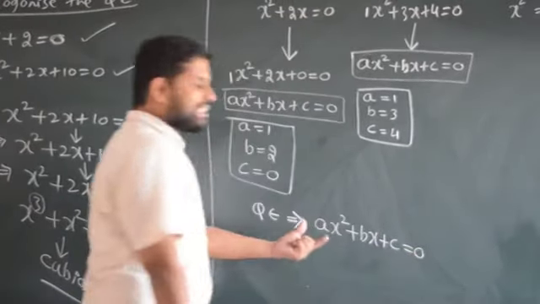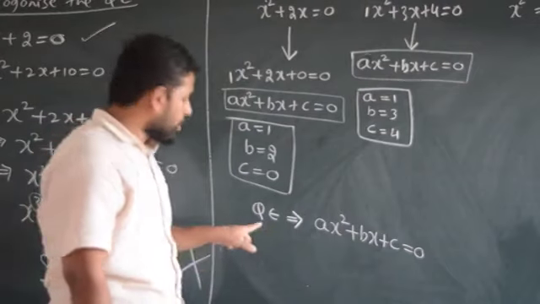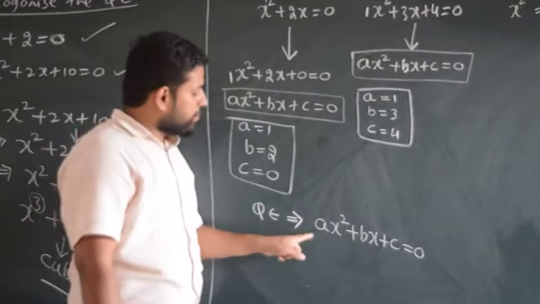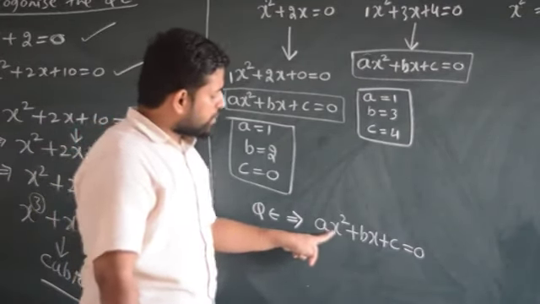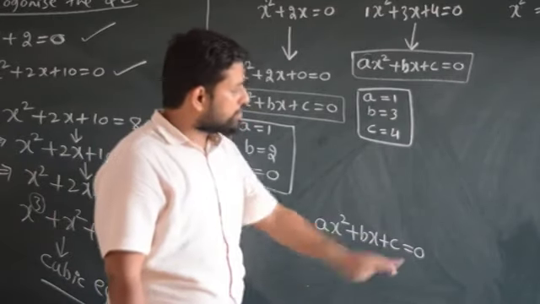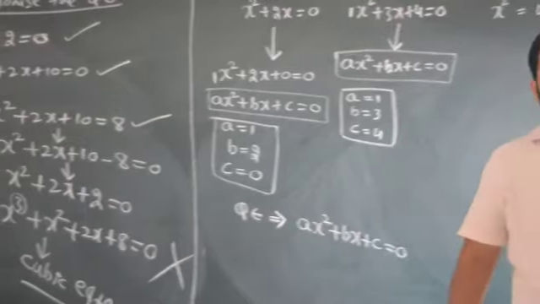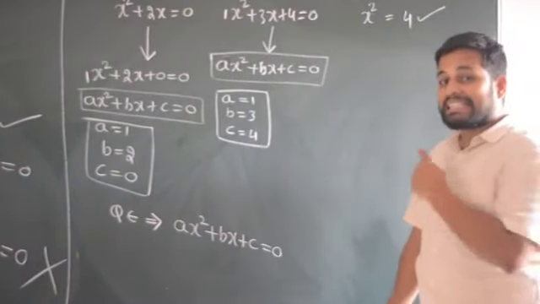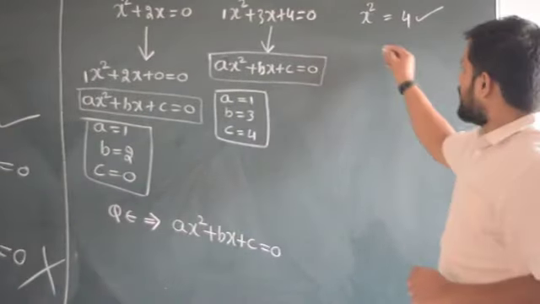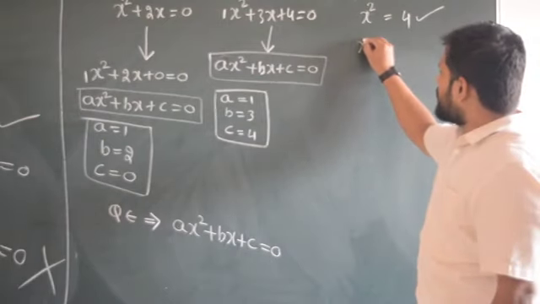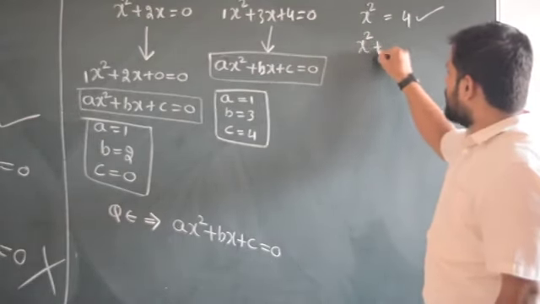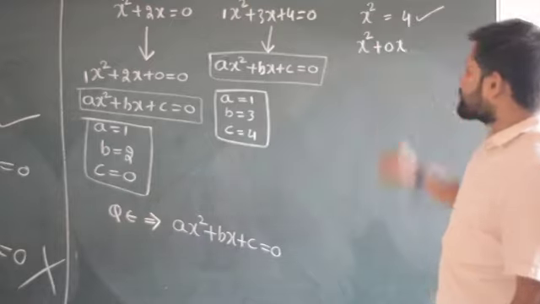It must be represented like this. Now you may be saying, sir, this x square is equal to 4 is not at all looking like that. Now let us make it look like that. Now can I write it like x square plus, can I write 0x?